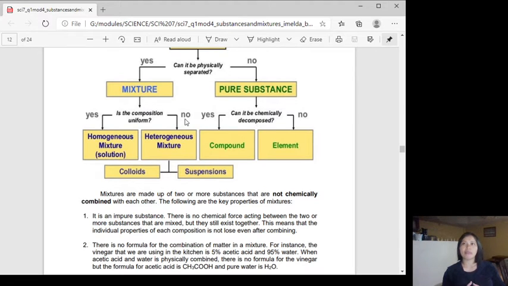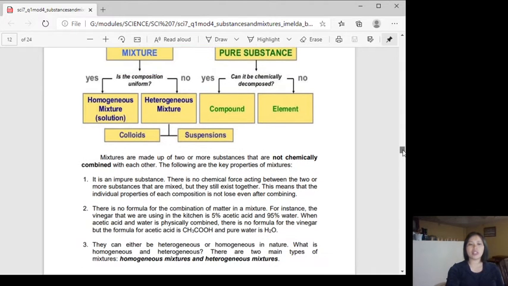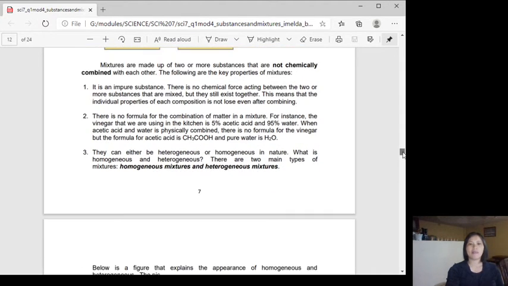Just like salt, you're going to mix sodium and chlorine in order to form our table salt. So there is a formula. Or you have also water, okay? You're going to form water by mixing hydrogen and oxygen. So there is a chemical formula for that. Those are some of the key properties of mixtures.